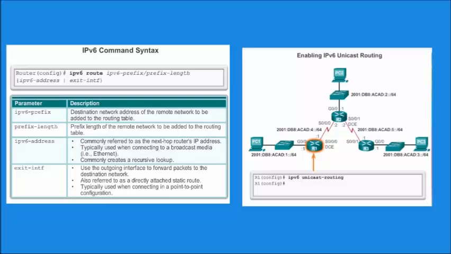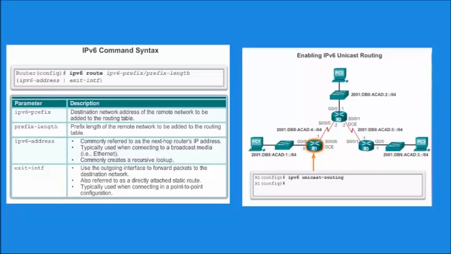Static routing is also supported in IPv6. Therefore, we need some similar parameters to configure. IPv6 prefix is also the destination network address. Prefix length gives us the subnet mask for the IPv6 address.